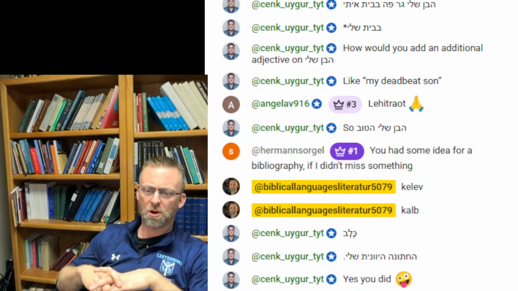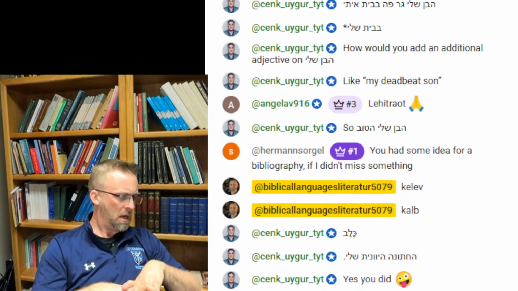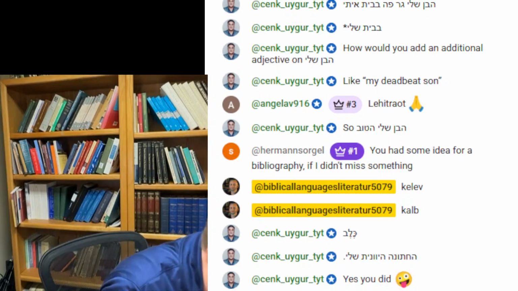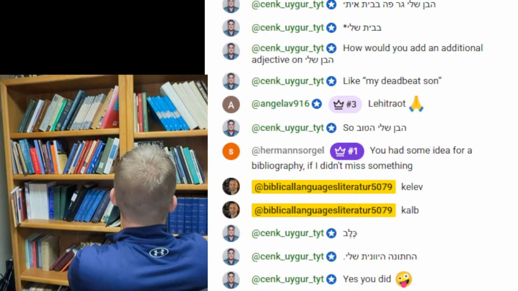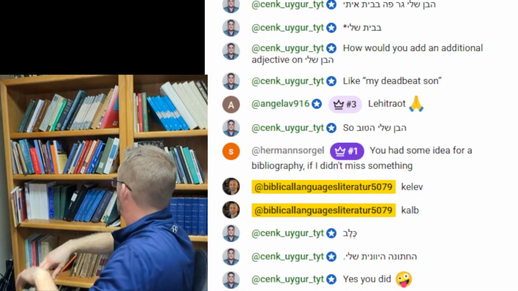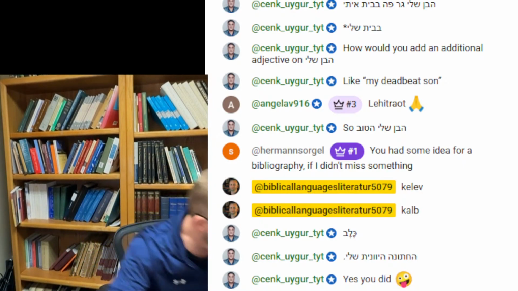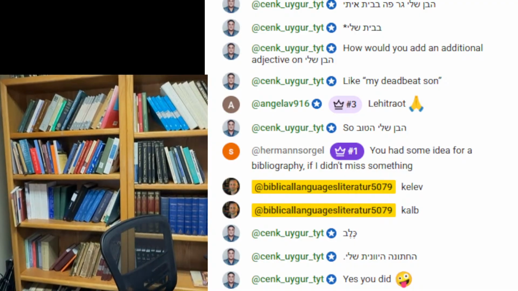And now, with regard to the bibliography, I have a few books here. Let me remember, I moved everything around, so bear with me one second, and let me get a few things for you just to show you.